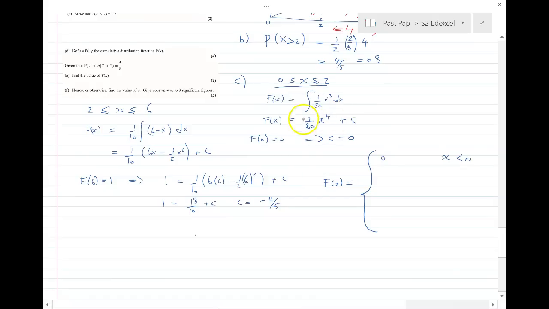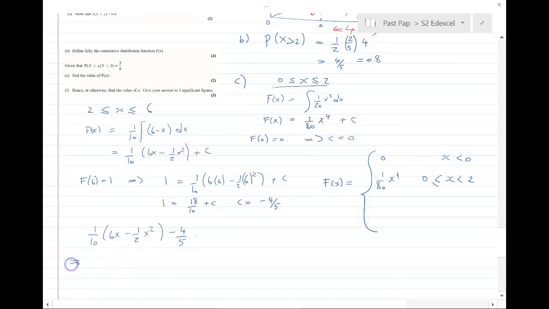Then we have this rule, but with c equal to 0, so it's 1/80 x to the 4 with x being between 0 and 2. Okay, let's keep that like that. And then we can write this thing here. I'm going to tidy it up a bit. We've got that as 1/10 (6x minus half x squared minus 4/5).